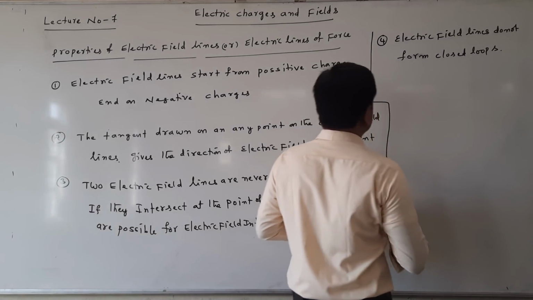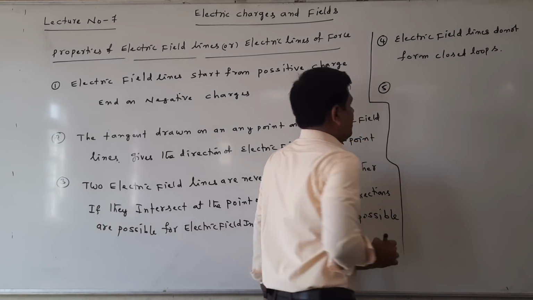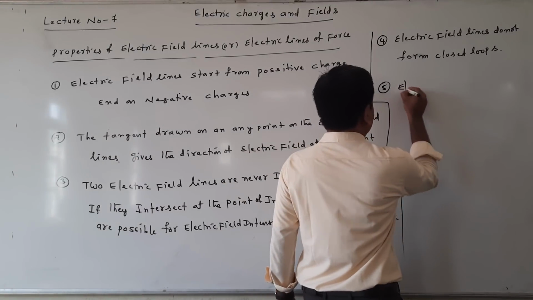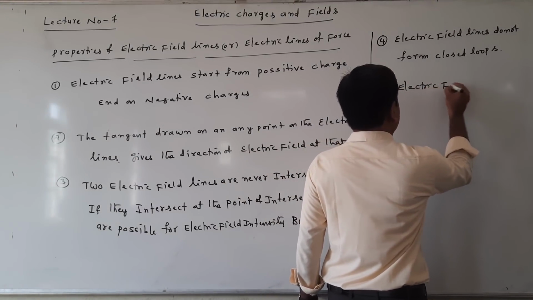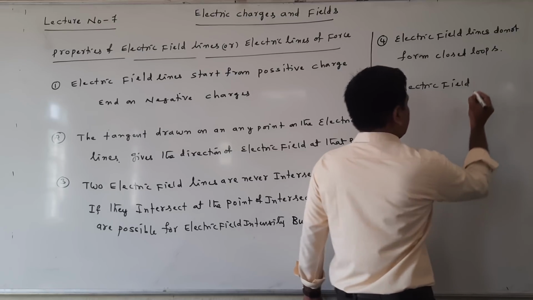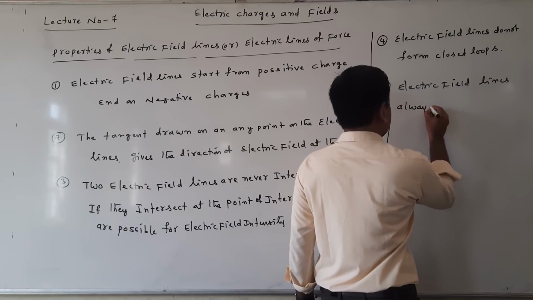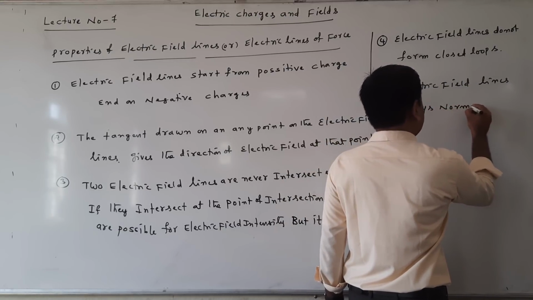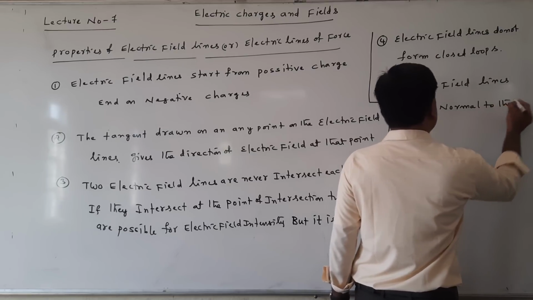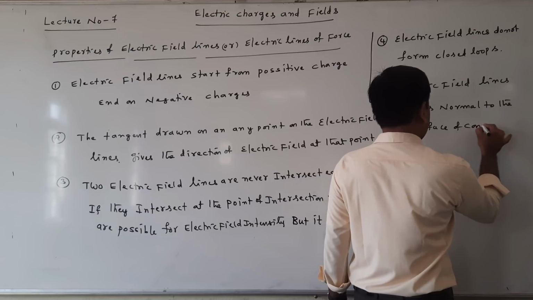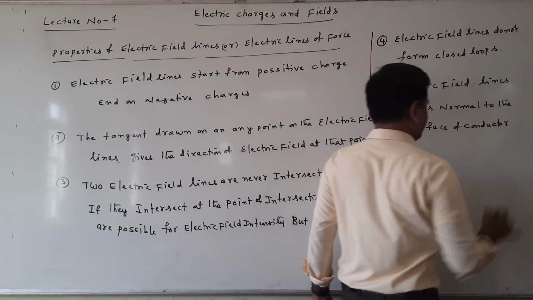Next, the fifth property: electric field lines are always normal, or perpendicular, to the surface of a conductor.